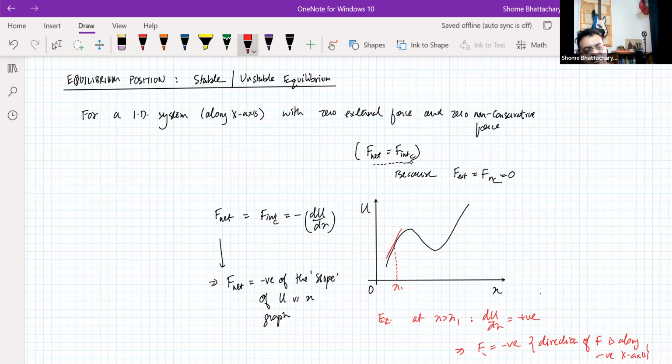And by force we mean the net force now. Similarly, suppose we have a point like this, x2. At such a point we can see that the slope is negative, dU by dx is negative. So that means the force is positive.